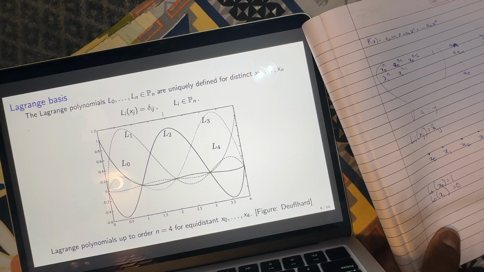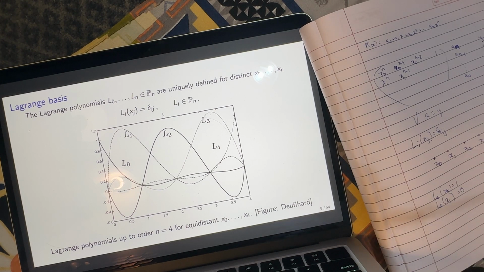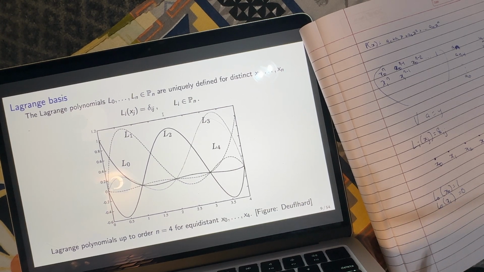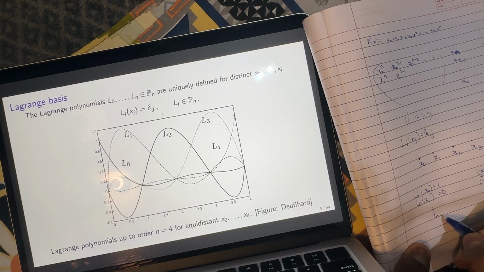So divide by (x0 minus x1)(x0 minus x2)(x0 minus x3). Then it is 1 at x equals x0, and 0 at all the other points. Okay, this is correct.